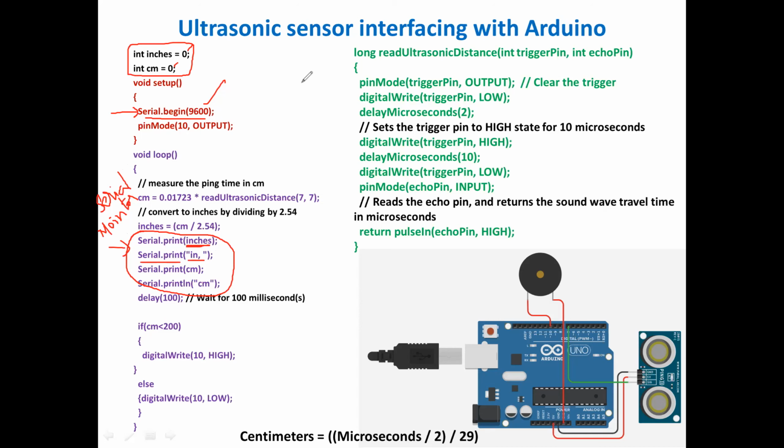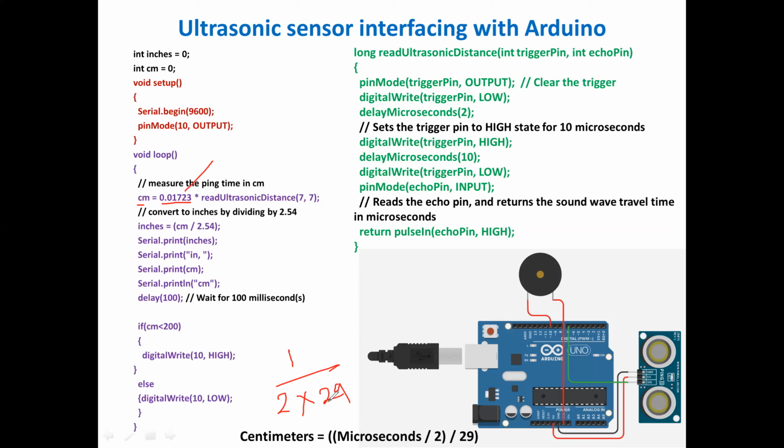Okay, let us have centimeter equal to 0.0127. I told you what this is, which is nothing but 1 divided by 2 into 29. This is the speed of the sound.